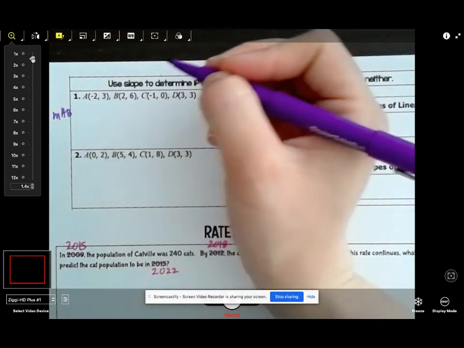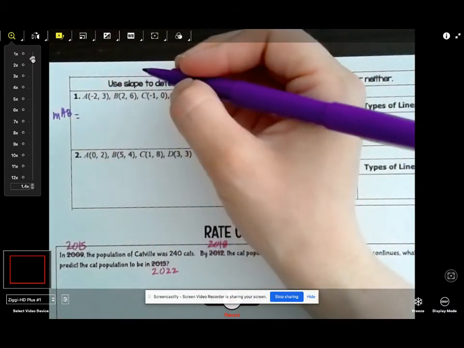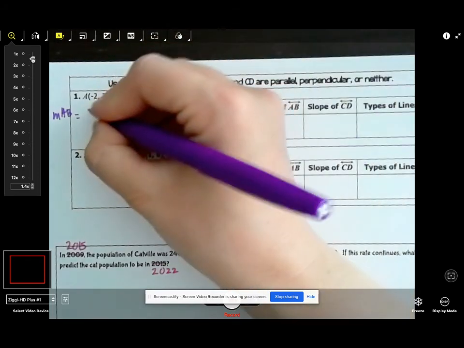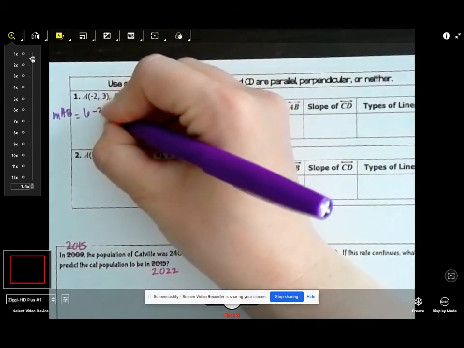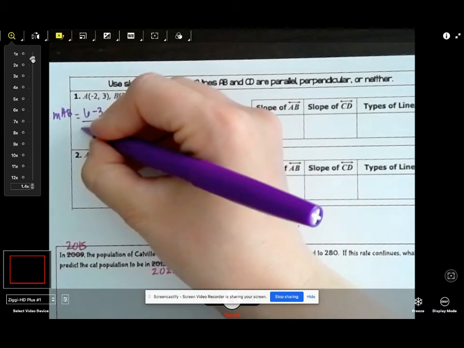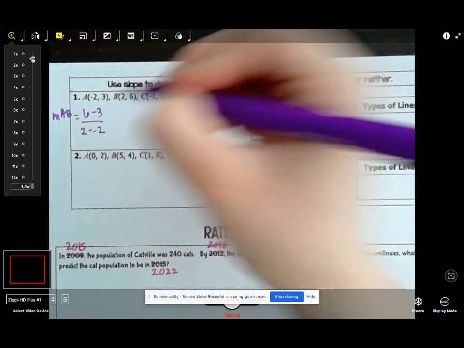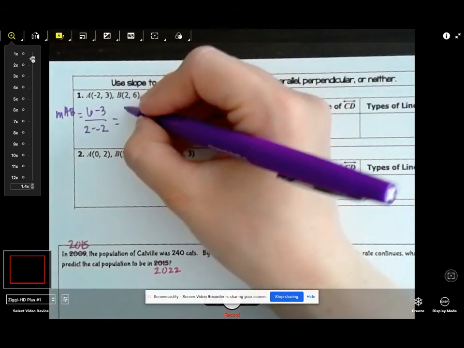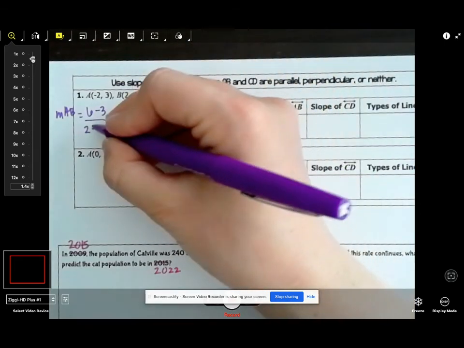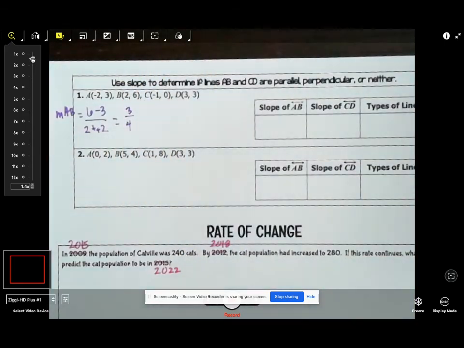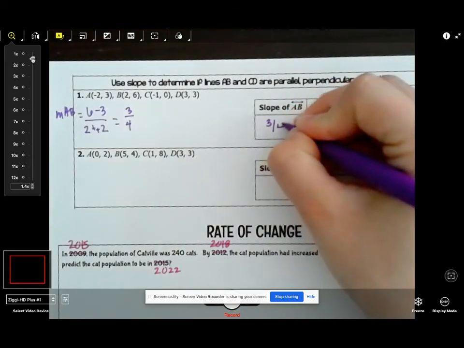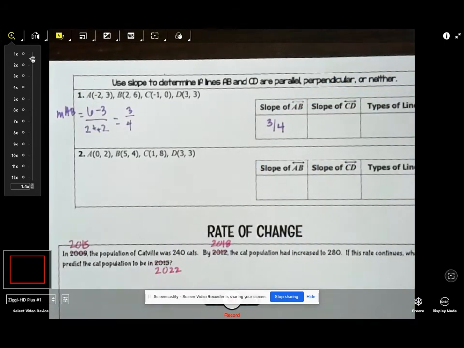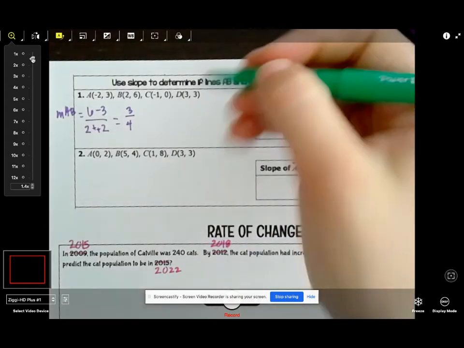So again, we're going to have our y2, which is 6, minus 3 over 2 minus -2. And then if we simplify, we're going to have 3 over 4. So we just found the slope of AB to be 3/4. Now let's try and find the slope of CD.